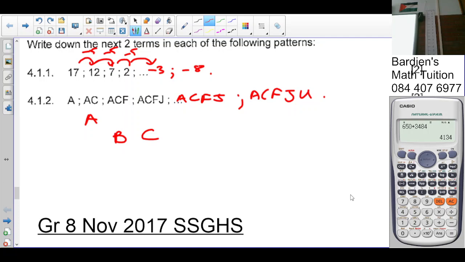But B came after A. Alright, but D there. Where would you put E? On top or at the bottom? On top, okay, why?